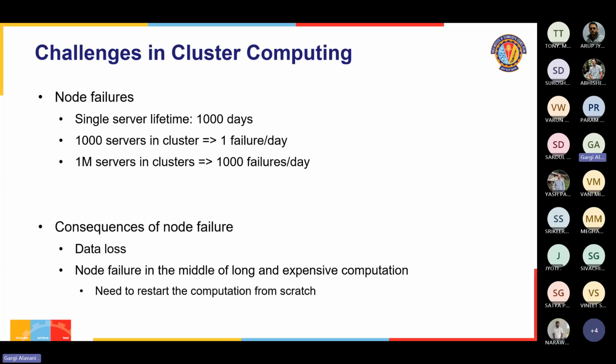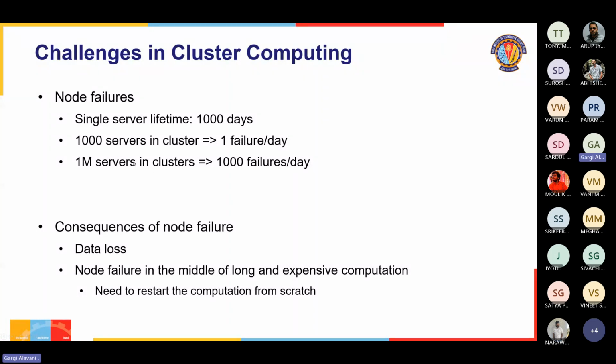Now, what are the challenges when you have a cluster computing scenario? Nodes can fail. If you have a single server, the single server lifetime is around 1,000 days. So with 1,000 servers in a cluster, one failure per day will happen.